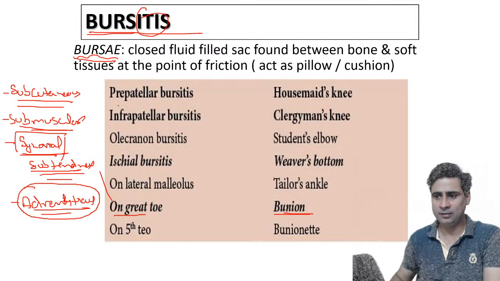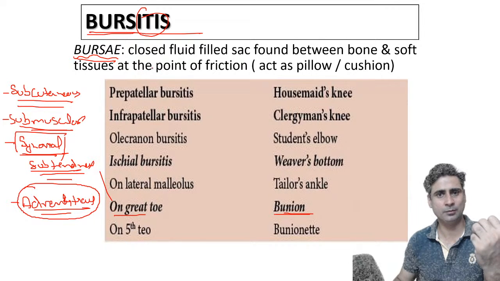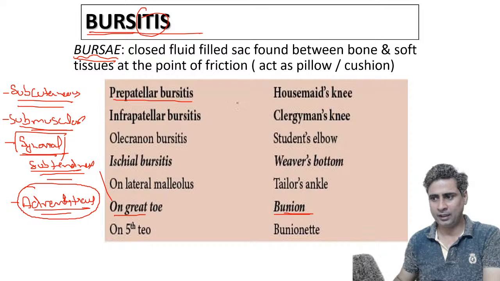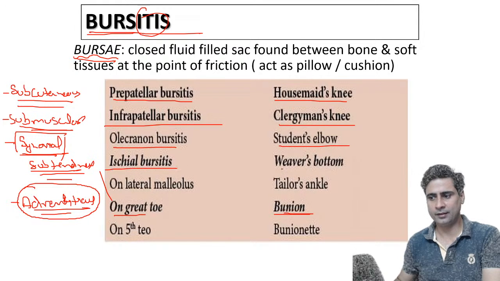Now if these bursae get inflamed, they may produce symptoms and the condition is known as bursitis. Important bursitis are prepatellar bursitis, known as housemaid's knee, infrapatellar bursitis, known as clergyman's knee, olecranon bursitis, known as student's elbow, ischial bursitis, known as weaver's bottom.